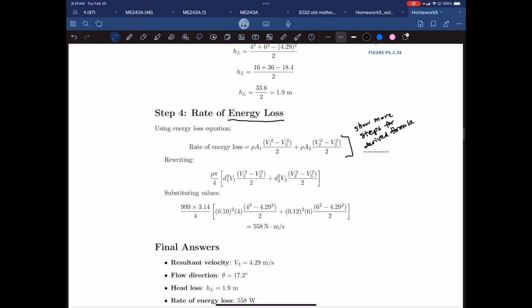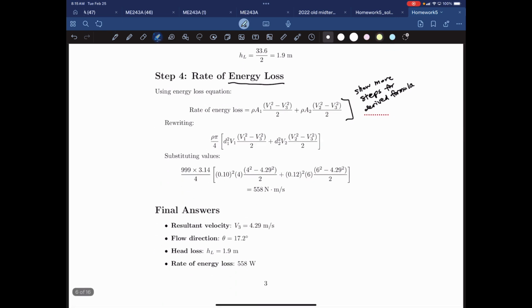Okay. Then we find energy loss. Let me see. It's too light. It is 558 newtons meters per second.